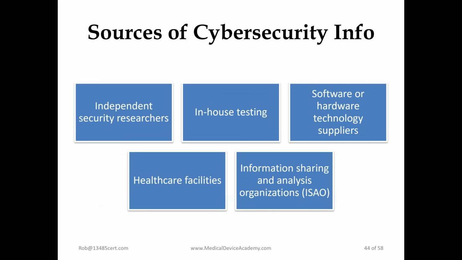And then information sharing and analysis organizations, or ISAOs, are organizations that manufacturers and government entities and nonprofits can all participate in, where you're sharing information about security threats and potential threats, and companies work together to try to improve everybody's cybersecurity.